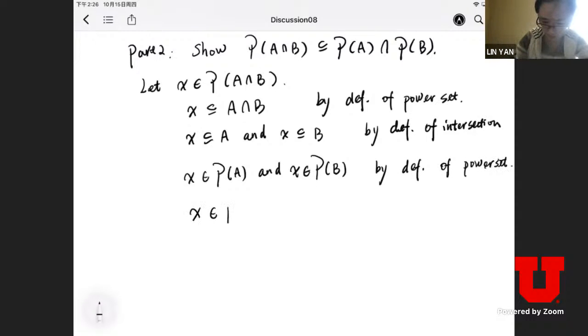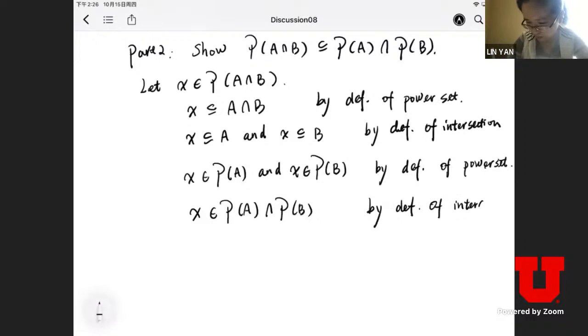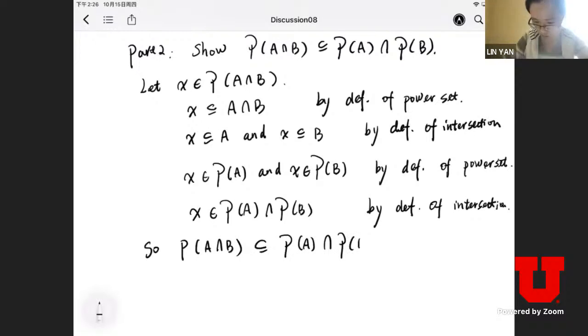Then X is an element of the power set of A intersect the power set of B. This is by the definition of intersection. So we prove that if we choose an element from the left-hand side, then it is also an element of the right-hand side. So the power set of A intersect B is a subset of the power set of A intersect power set of B. Now we're done with the second part.